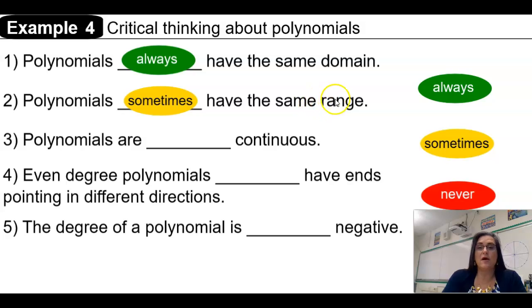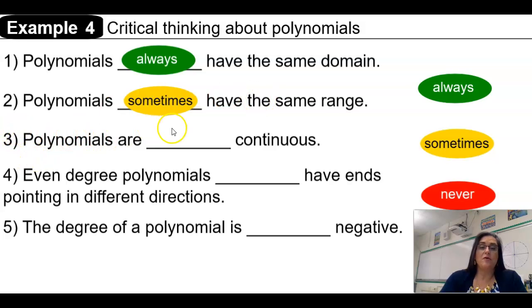Any polynomial that has an odd degree, in fact, is going to have a range that is fully unbounded, the set of all real numbers. Polynomials that have an even degree that is greater or equal to 2, so 2, 4, 6, 8, 10, and so on, they're going to have a half-bounded range. Okay, so that's going to be a sometimes.